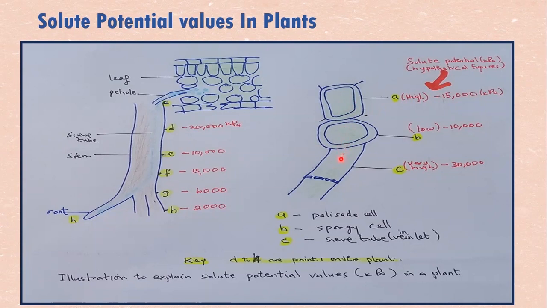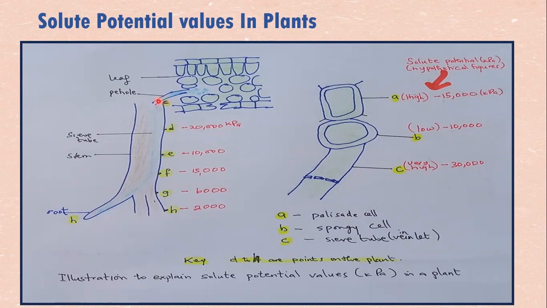So the solute potential in the sieve tube may be even higher than in the palisade cells. So we have imagined and given the solute potential in the sieve tube the highest and said, well, 30,000 pascals. So see here is the highest solute potential.